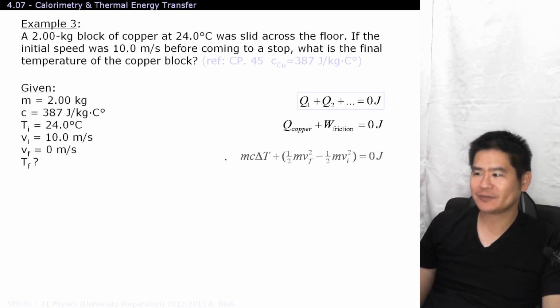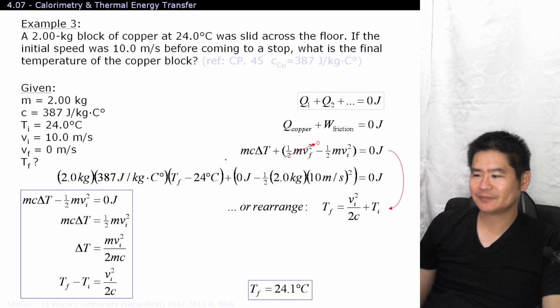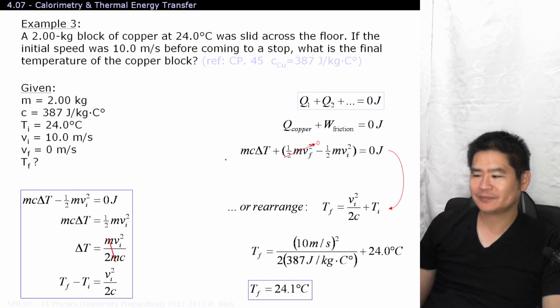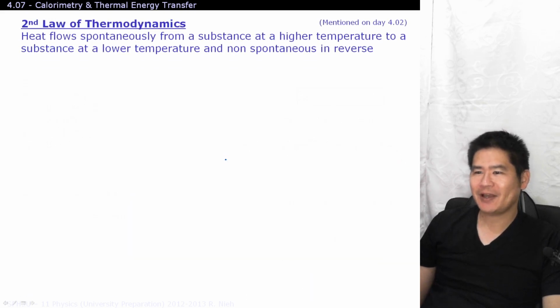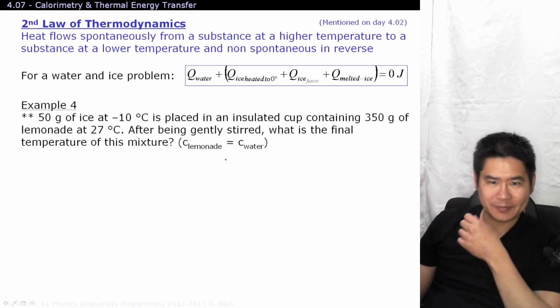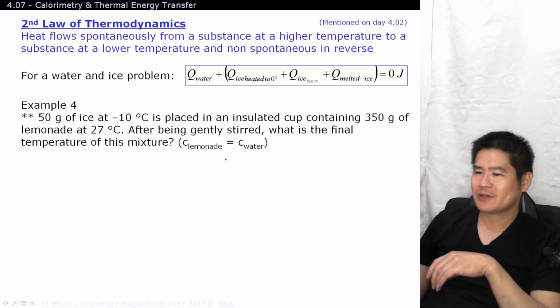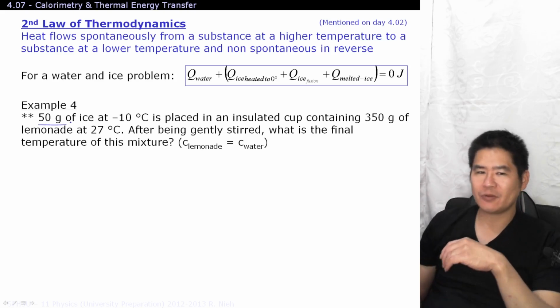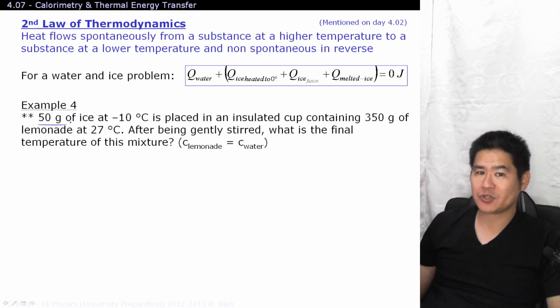Here's the full reveal. And now you know. For more fun and adventures like this, how about you try out this challenge question here? You have an ice water slurry problem. So, ice is dropped into the water, and the question is, what is the final temperature?